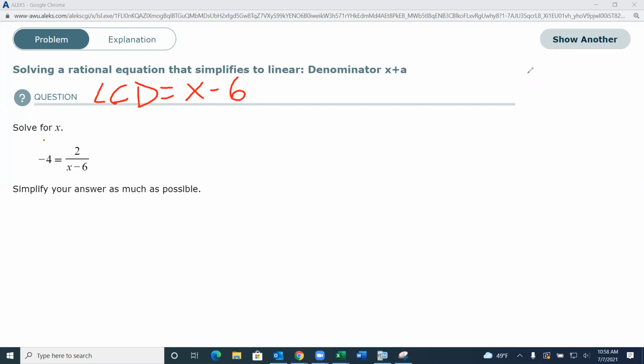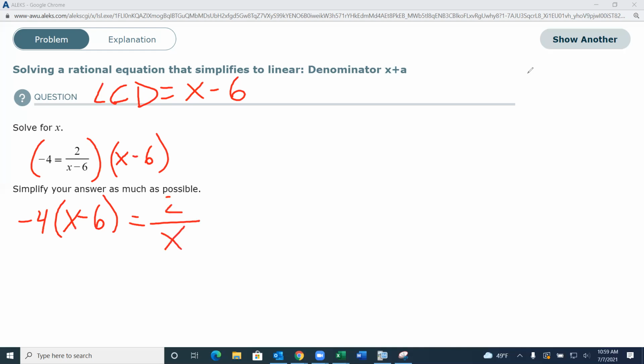And then we multiply both sides of the equation by that least common denominator. So we'll get this. And the whole point of doing that is to cancel away the denominators so that we no longer have fractions.